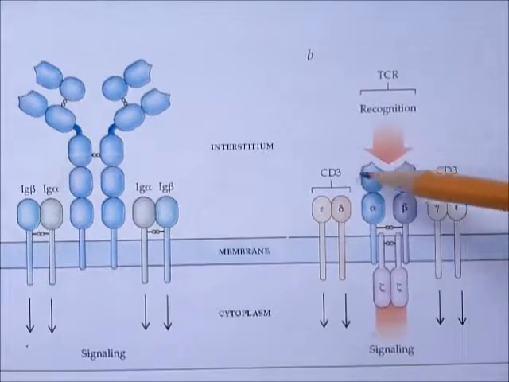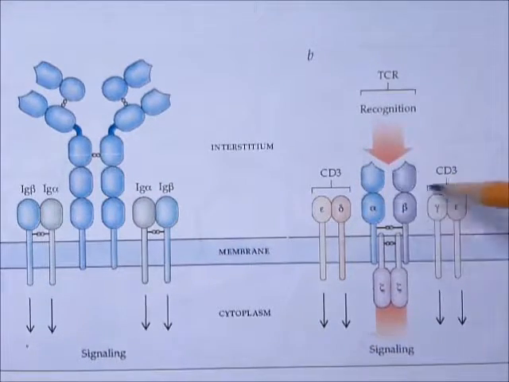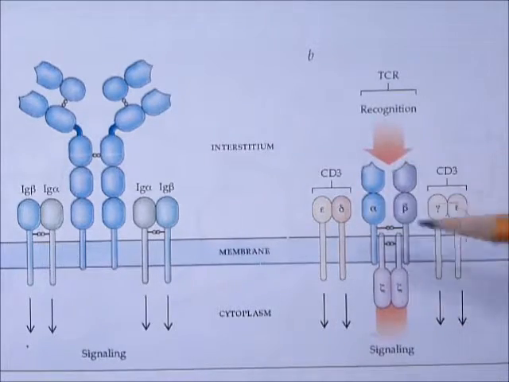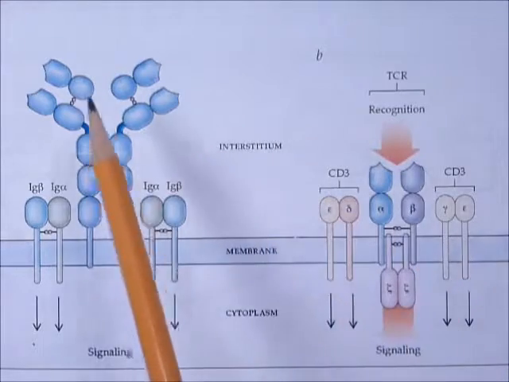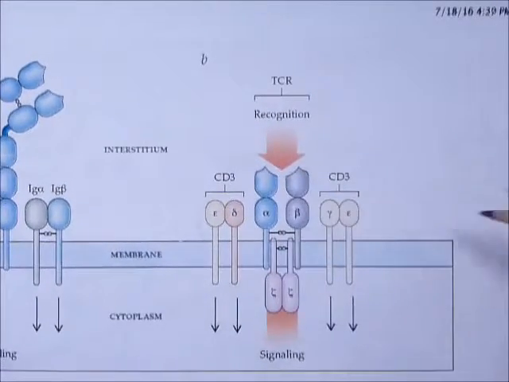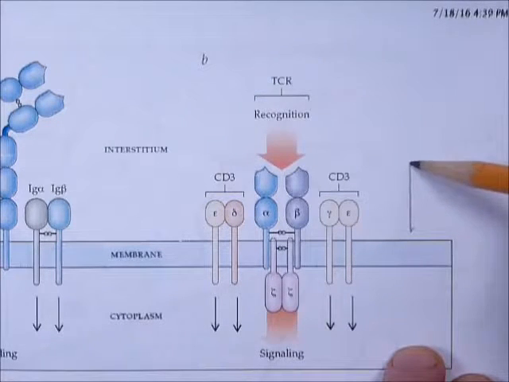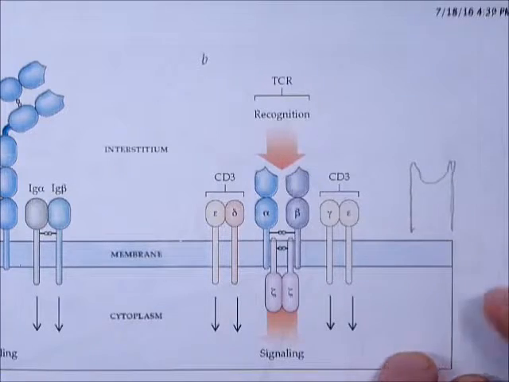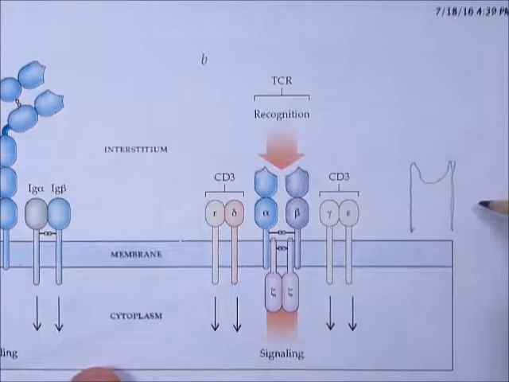Now here's the T cell receptor. Look at the similarity here between that and that. Right, very similar. Now, it doesn't actually have a Y shape, so sometimes they draw this receptor like this. So you can do that too if you want. That would be fine. Or sometimes they go like this.